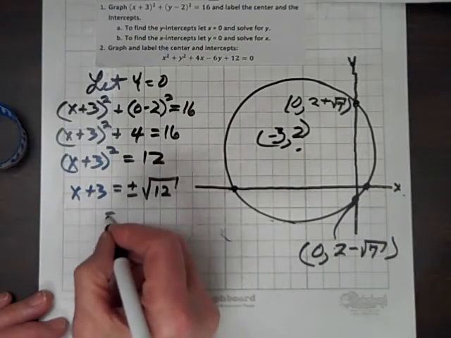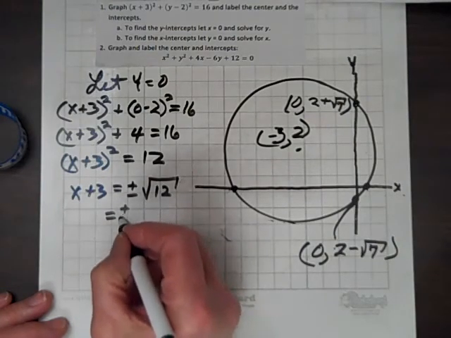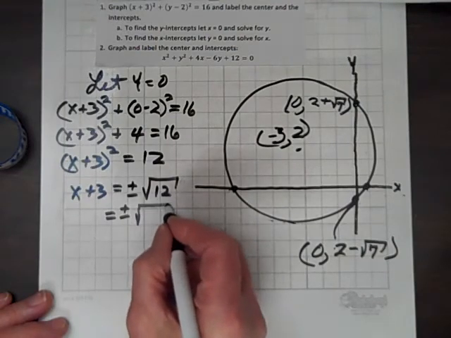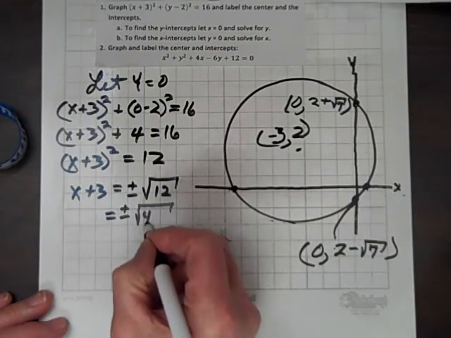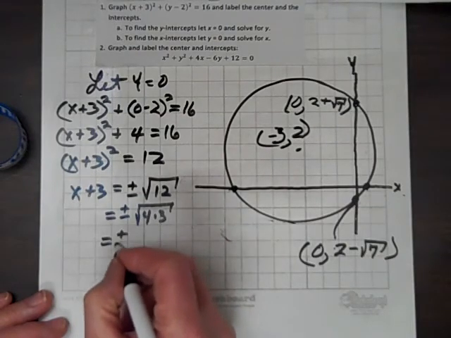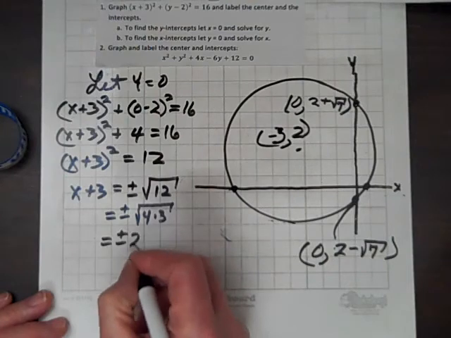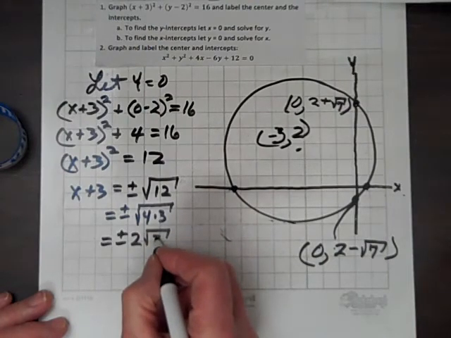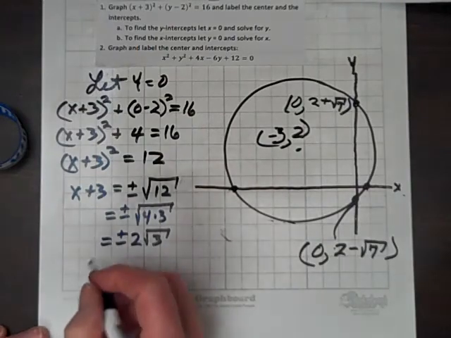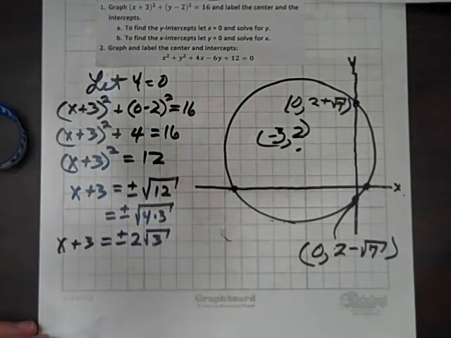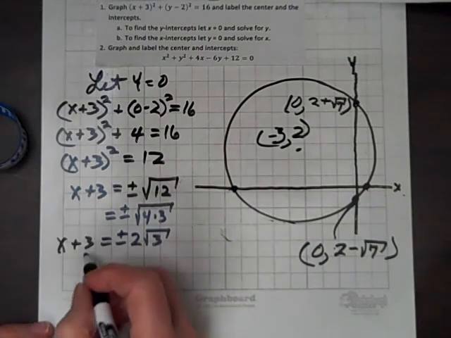But the square root of 12 corresponds to the square root of 4 times 3, and the square root of 4 is 2. So we have x + 3 equal to ± 2√3.